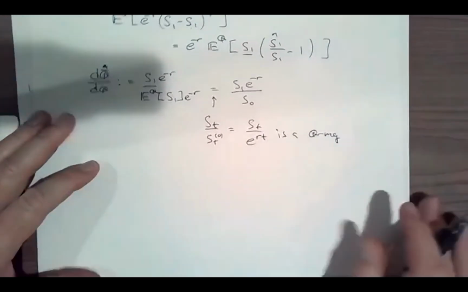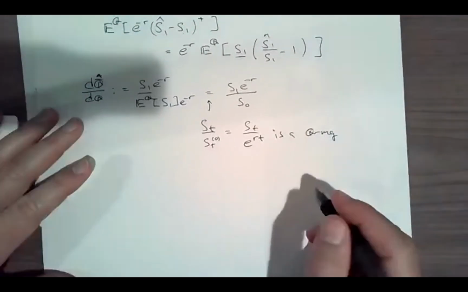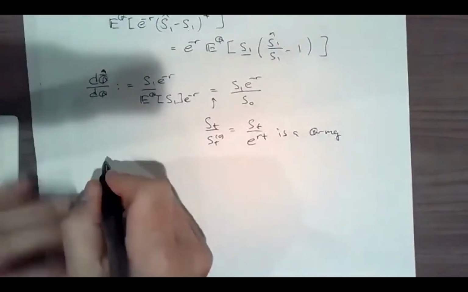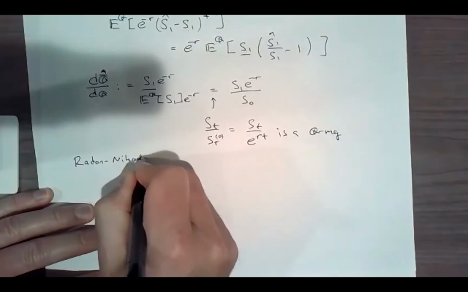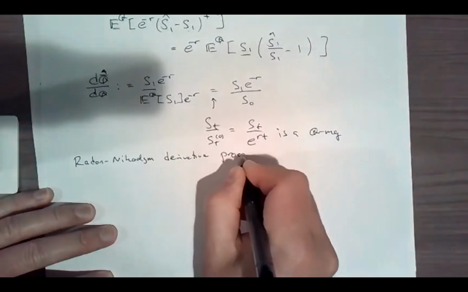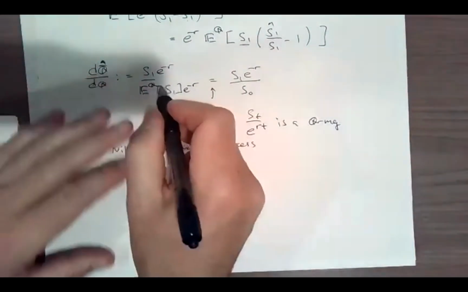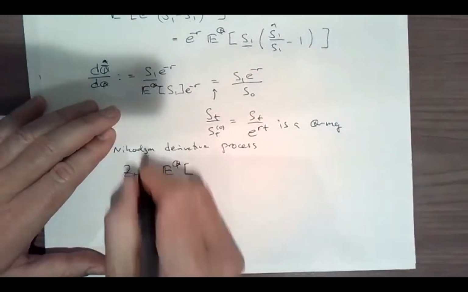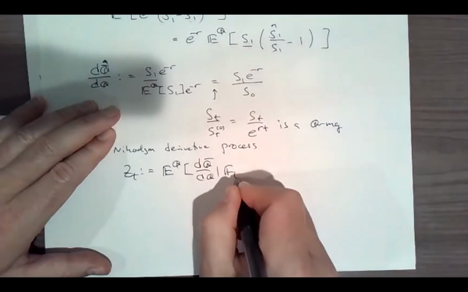So if I introduce this measure, then we are in the usual situation. If I want to use Girsanov, I need to compute the conditional expectation of the Radon-Nikodym derivative, the Radon-Nikodym derivative process. So that's my Zt. This is going to be the conditional expectation under the measure that's downstairs, which is Q, of dQ bar over dQ given Ft.